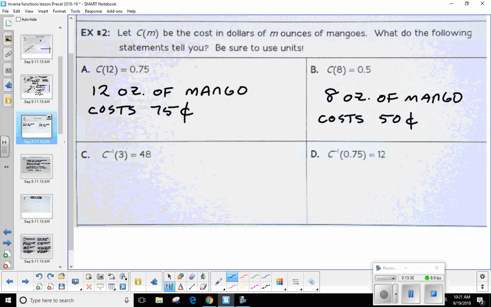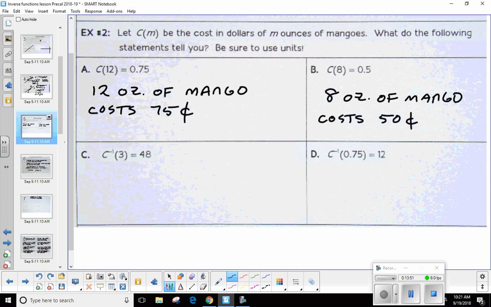All right. But now, what's happening in C and D? We've taken the inverse. So think about what the original function is doing. I'm inputting a certain number of ounces to get out a specific cost. So in the inverse, what am I inputting?